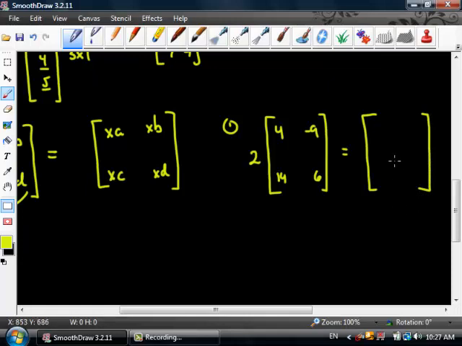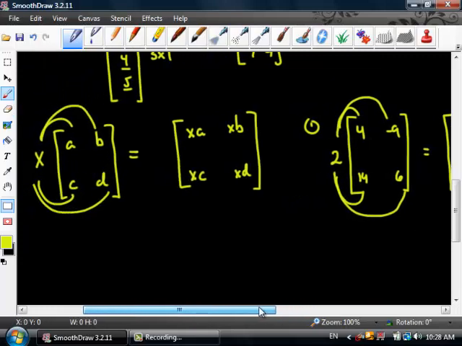Chris, give us the top 2, please. On the left, 8 and negative 18. Yes? Because we just distributed here. The bottom 2, Soph, can you give us the bottom 2, please? 28 and 12. Easy enough? Multiply a matrix by a scalar. Piece of cake.